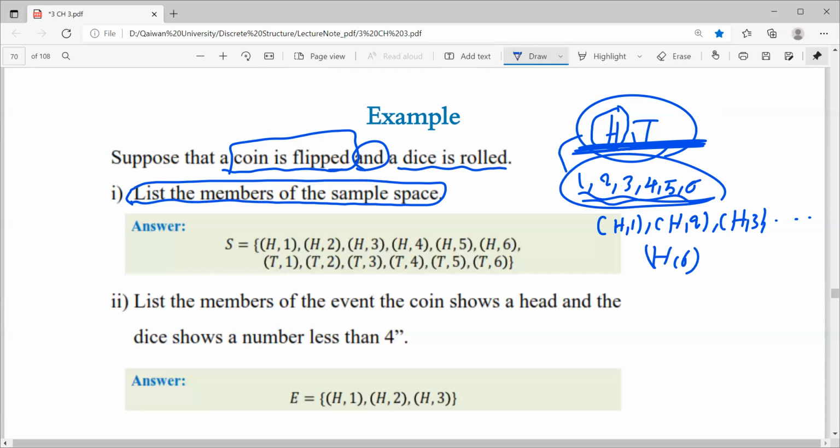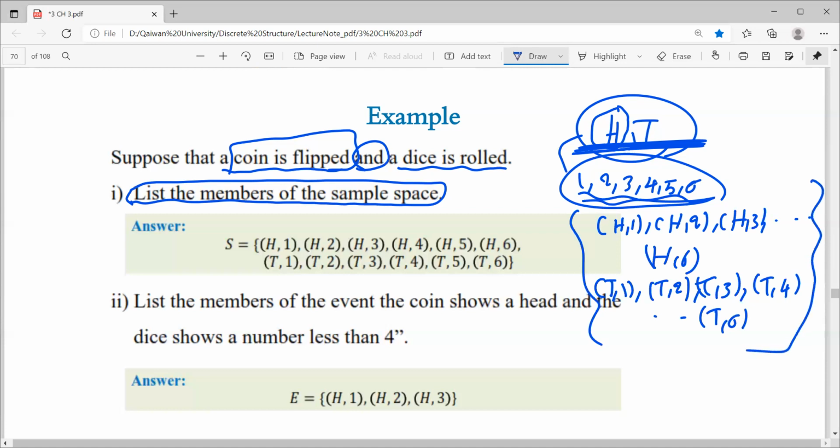If we get tail, how many possible outcomes do we have for the dice? We have 6, from 1 to 6. It's either tail and 1, tail and 2, tail and 3, tail and 4, up to tail and 6. Okay, we have all the possible outcomes in flipping a coin and rolling a dice.